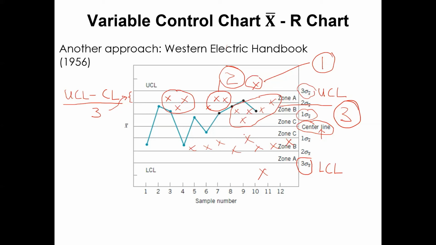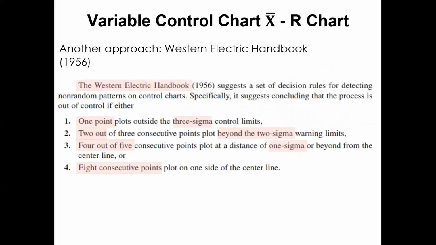If 8 points are on one side of the center line, then this is another indication of abnormality in the process. Quite clear cut for the Western Electric Handbook. And this is what we have discussed.